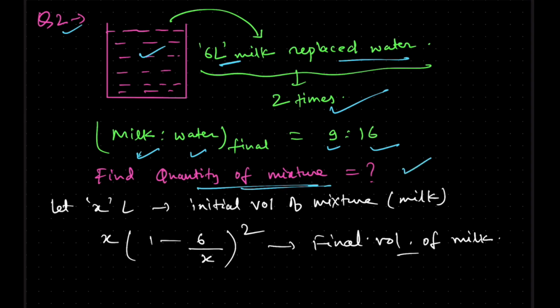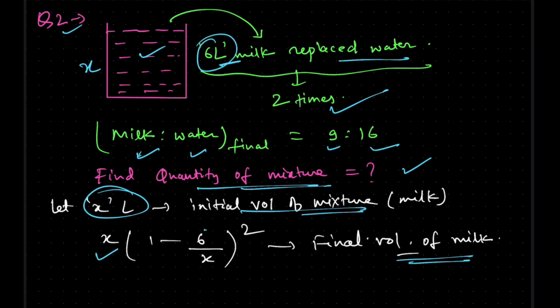We will assume the initial volume of mixture as x liter, which is only milk. Then the final volume of the milk will be x, the initial amount, times 1 minus 6, the replaced amount, divided by the initial amount x, and power is 2, because we have to do this operation 2 times.